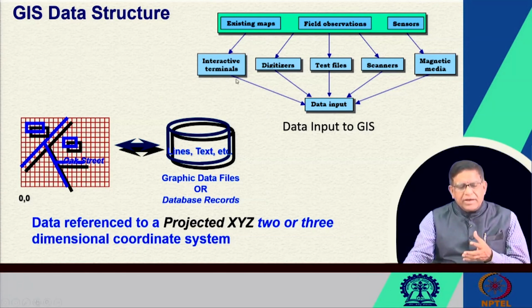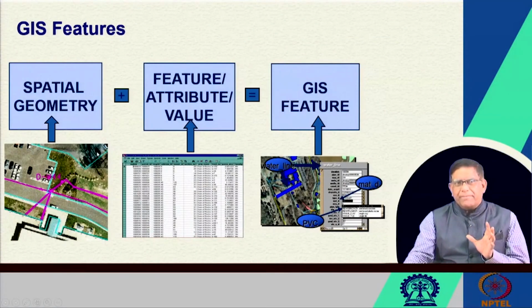Existing interactive terminals may be there, and all of these come as input. That data input is brought into the database, and then whatever you want as a vector or raster, you can draw as your map.